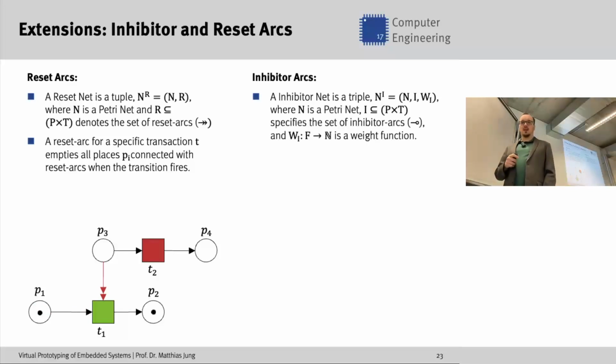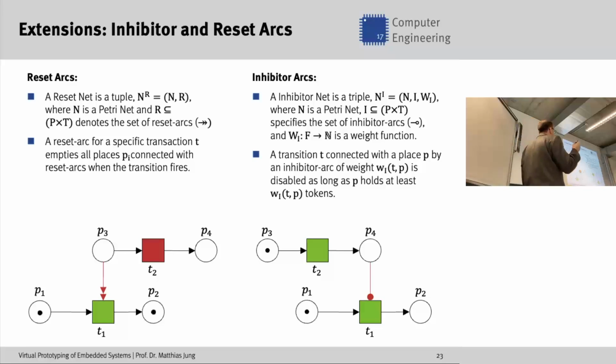Okay, so then the other thing, inhibitor arcs, and there's the idea that they inhibit the firing. So it's the other way around. So this is the arc that shows that. That means that if a token is on this place, this transition is not allowed to fire, even though it would have enough tokens on the input.